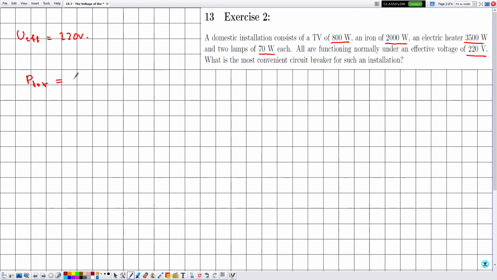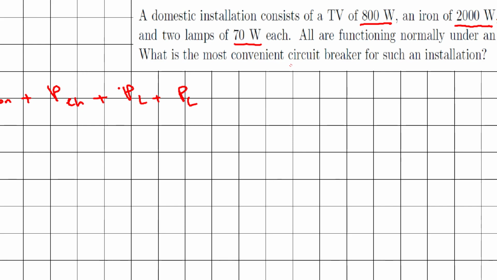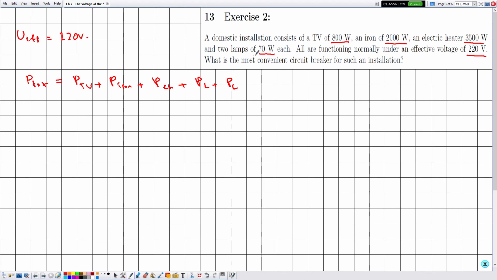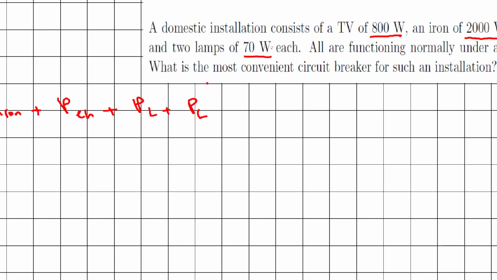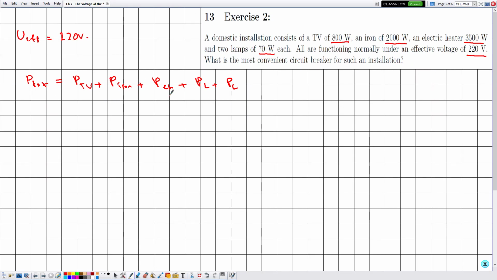Then P total is equal to the P of the TV plus P of the iron plus P of the electric heater plus P of the lamp plus P of the lamp. So here I have placed two values for P of L because we have 2 lamps.